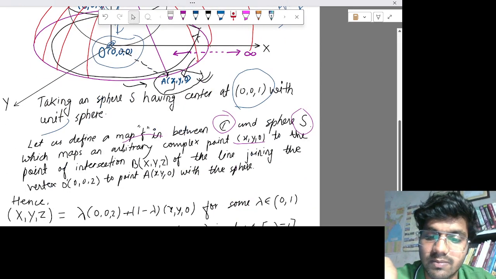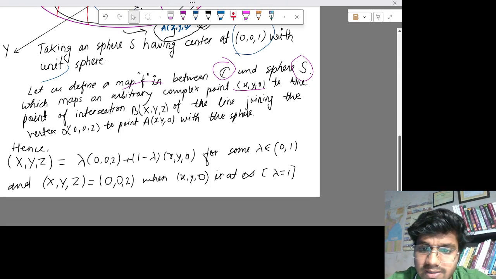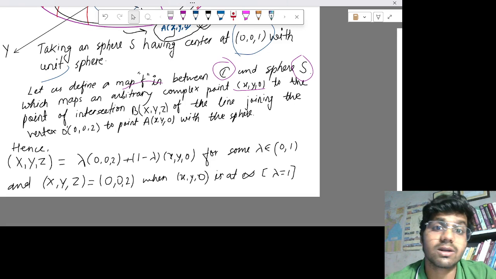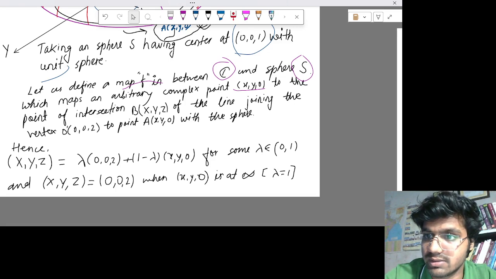So we cannot take lambda equal to 1 here, but we can take lambda equal to 0, which indicates only the point at the origin.